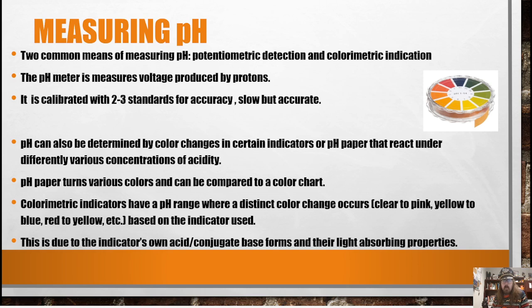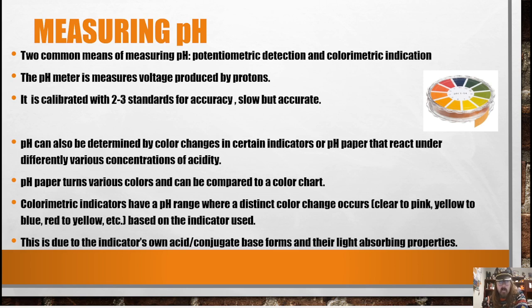We can say when this has gone below pH 2, it has changed from red to yellow, or yellow to red. Or there's various pH paper that is soaked in certain chemicals that change color depending on the acidity or basicity. There are certain papers that will change various colors that we can compare against a color chart to say what our pH range is. Or there are others that just change one color, like red in acid or blue in base, and we can tell whether it's generically acidic or basic.